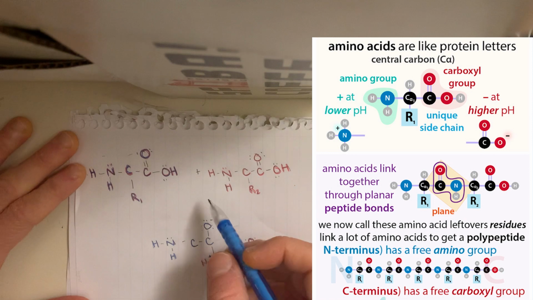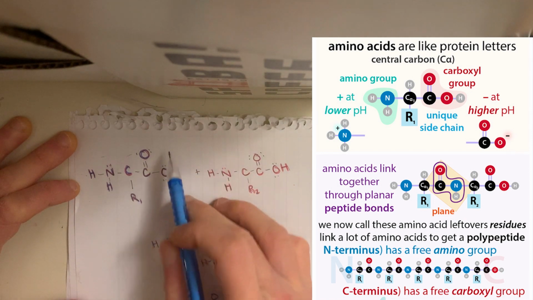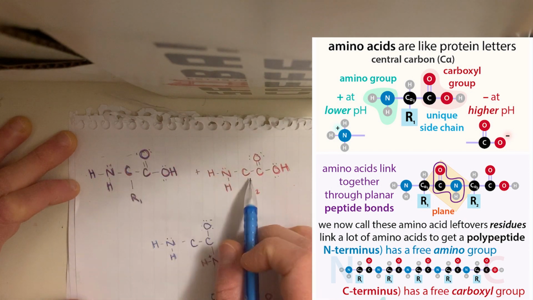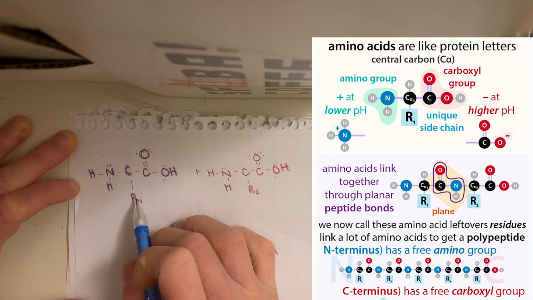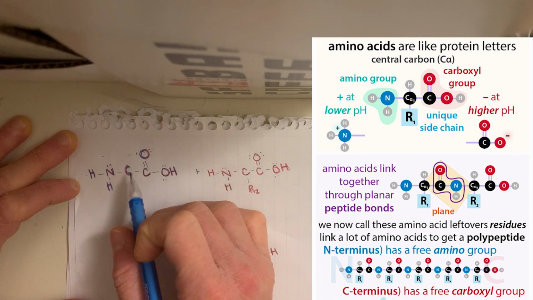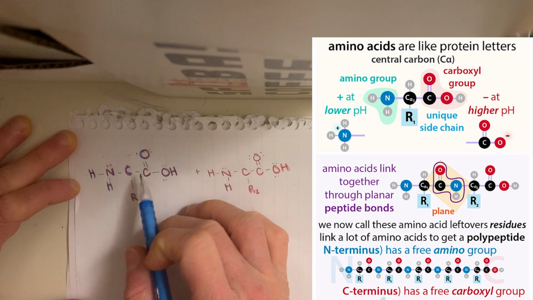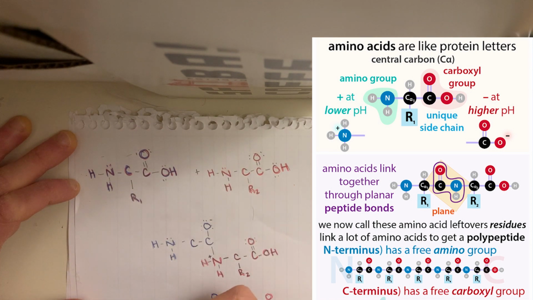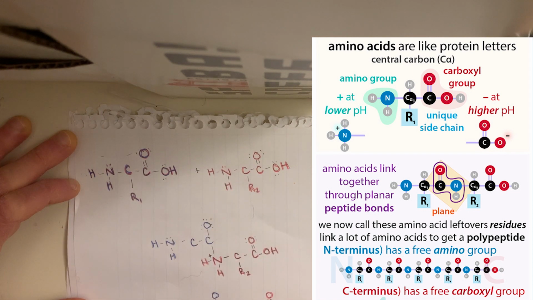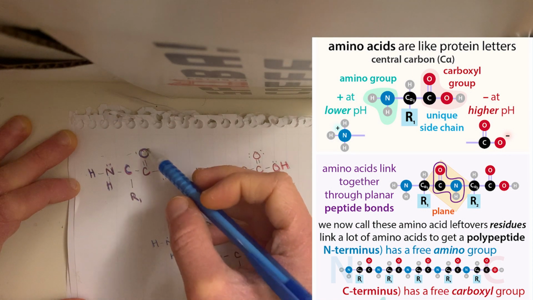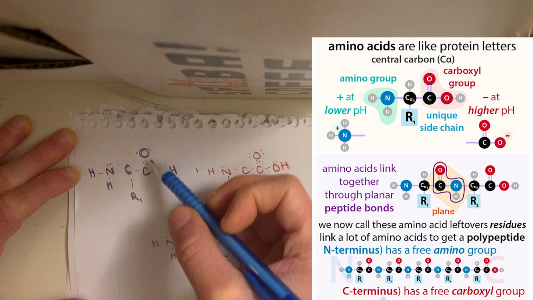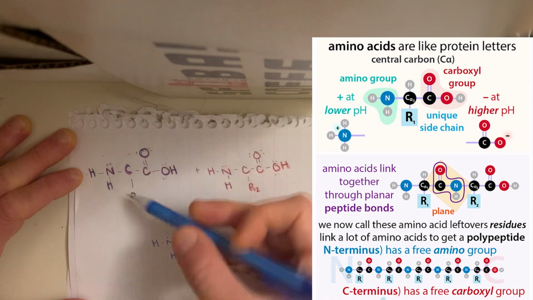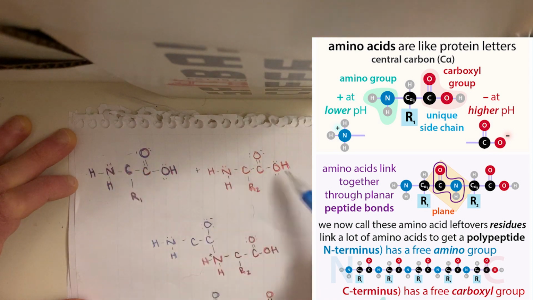So in chemistry, you might see something like this. You have these two amino acids. This is the generic backbone, and then their unique side groups, which I'm going to abbreviate R1 and R2. I've tried to color code things so you can see where things go. In the first one, we have this carboxylic acid group and this amino group.